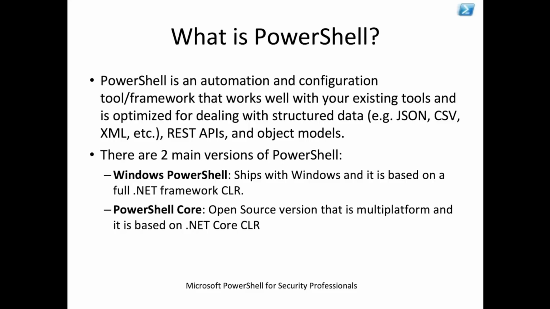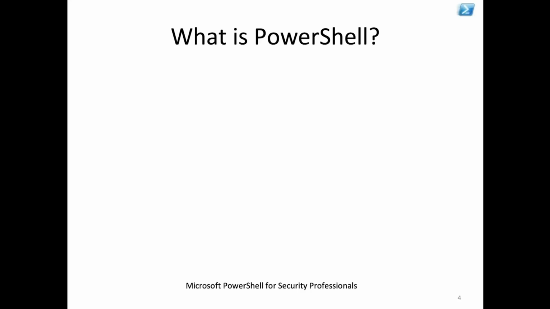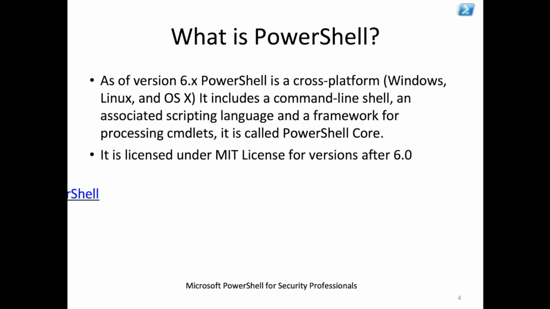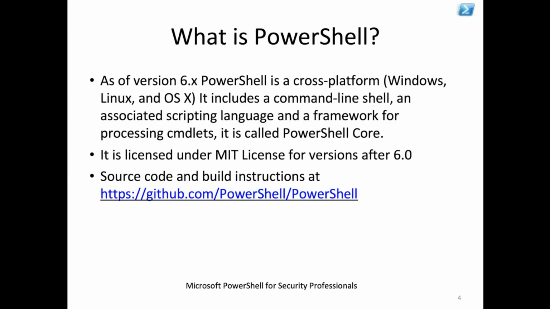One of the things that we're going to see is that as of version 6, PowerShell is open source, and it is cross-platform. So right now we can use PowerShell in Windows, Linux, and OS X. This means that we can use it across multiple operating systems if we want to. So this is awesome.